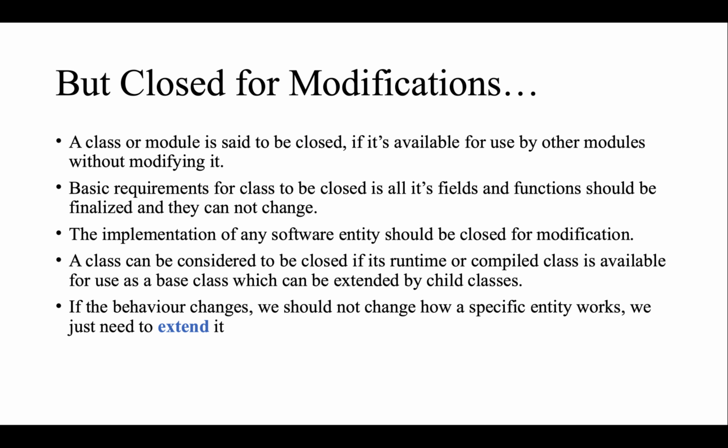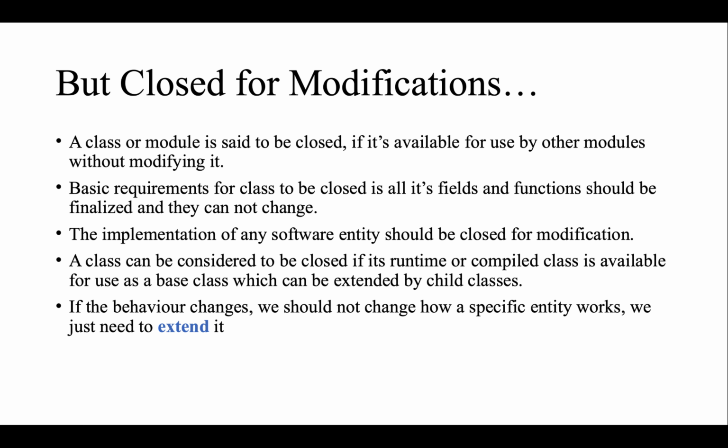The second part says the classes should be closed for modification. A class or module is said to be closed if it's available for use by other modules without modifying it. Basic requirement for a class to be closed is all of its fields and functions should be finalized and they cannot change. The implementation of any software entity should be closed for modification.